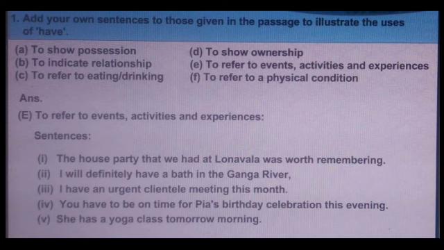Number 2, I will definitely have a bath in the Ganga river. Number 3, I have an urgent clientele meeting this month. Number 4, you have to be on time for Pia's birthday celebration this evening. Number 5, she has a yoga class tomorrow morning. All these sentences refer to some events, some activities, and some experiences which are experienced by some people.